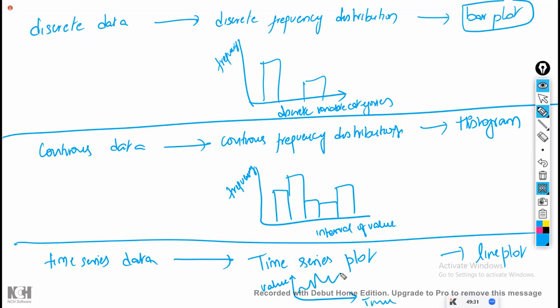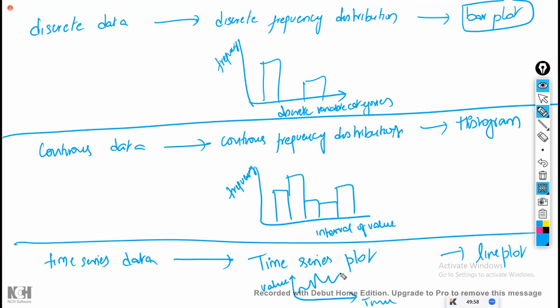For three different types of data, three different types of representation. Each variable will be represented in a different way, analyzed in a different way. We are going to understand in a different way. Right? Discrete variable should be understood in a discrete variable analysis. Continuous variable should be understood in a continuous variable analysis. Time series variable should be understood in a time series analysis.